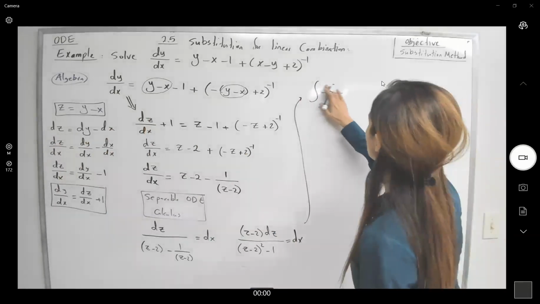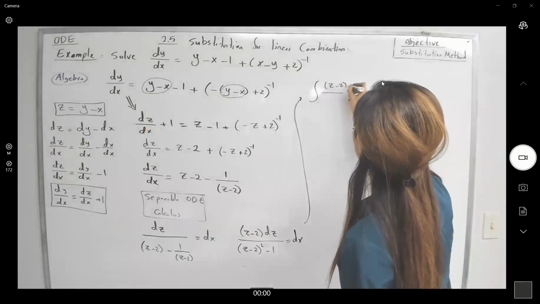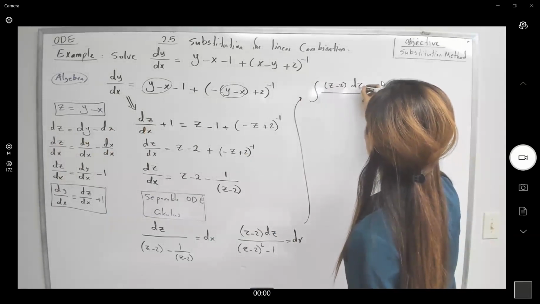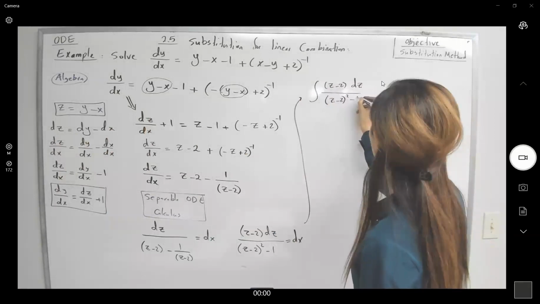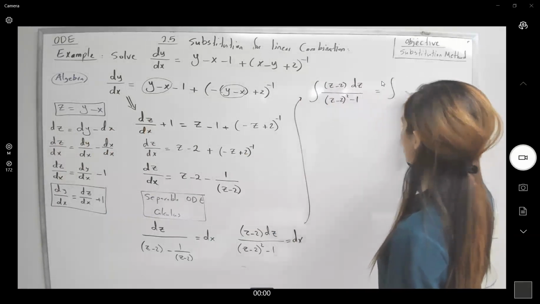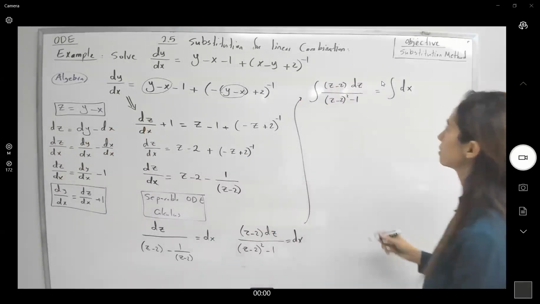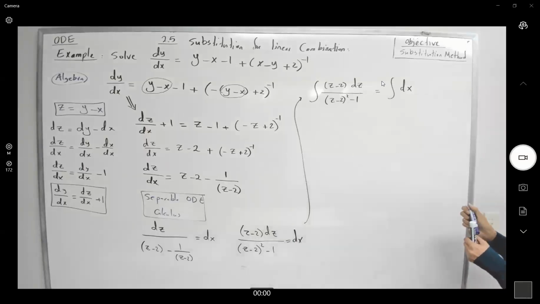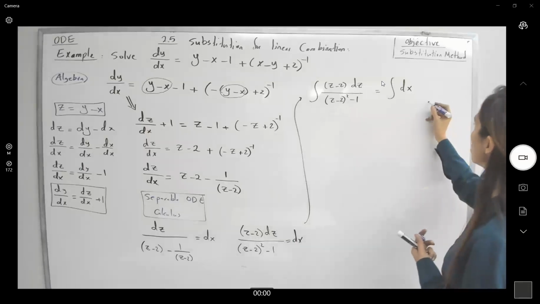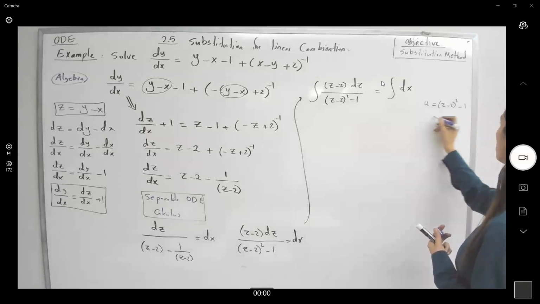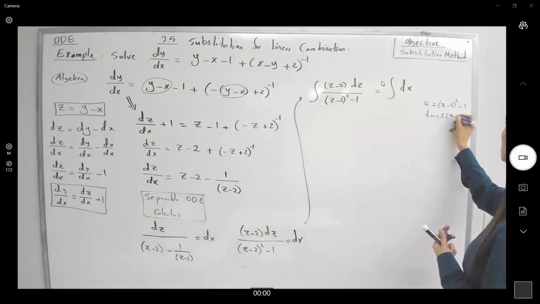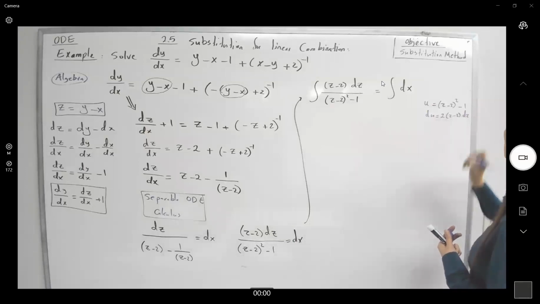So the integral of (z minus 2) dz divided by (z minus 2) squared minus 1 is equal to the integral of dx. Here you can use the substitution method. You can say that my u is equal to (z minus 2) squared minus 1, and du is 2(z minus 2) dz.